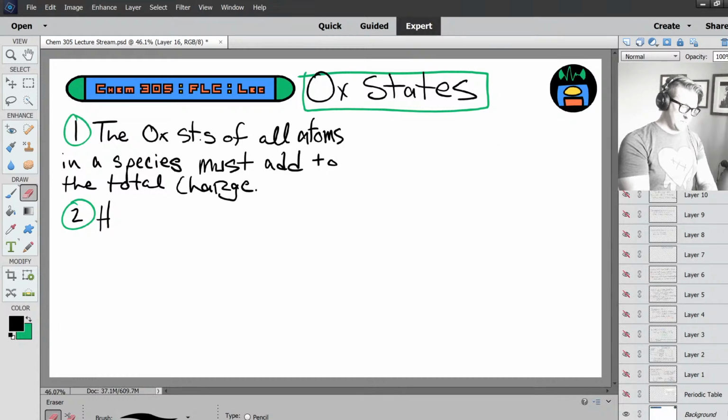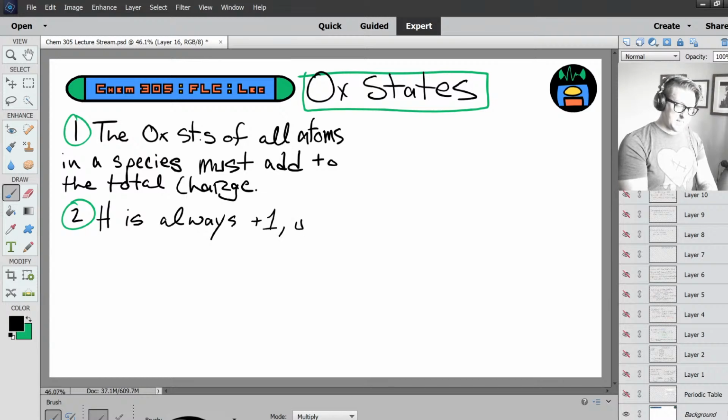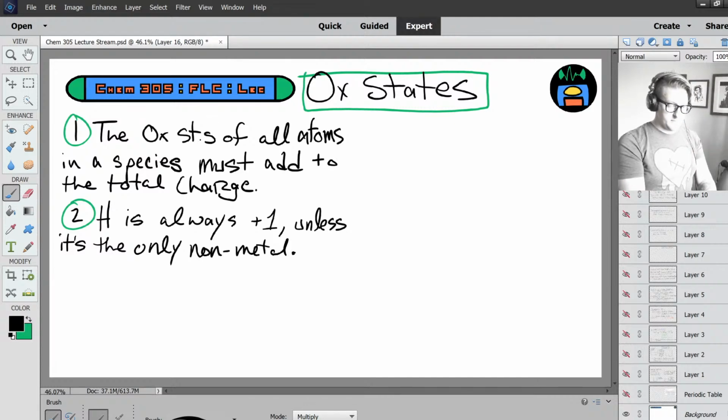So hydrogen is always +1 unless it's the only nonmetal, then it's -1.